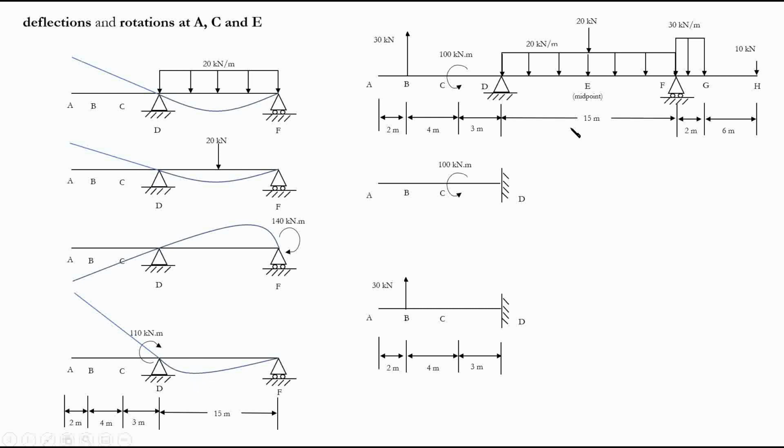Now, a very important part here is the cantilever portion. When this 100 kilonewton meter moment is applied, the cantilever portion deflects like this until point C, and beyond point C, because there's no additional load, it just goes linear. Same for this case: it deflects like that and then continues linear after this point.